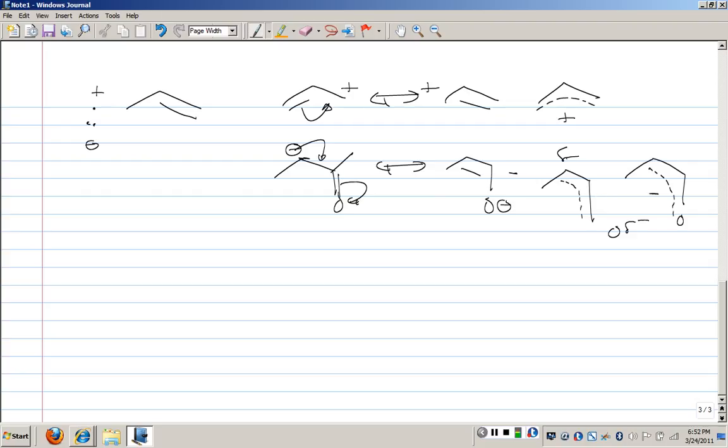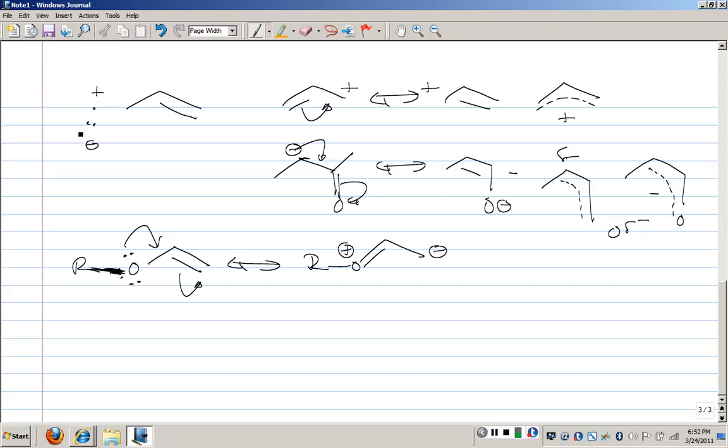We can also get resonance, by the way, if I had something like this, right? So if I have O with lone pairs of electrons on it, let's say it's an OR, for example, then I can also have resonance of this type, which gives rise to this species. Okay, so that's the condition where there's a lone pair of electrons.